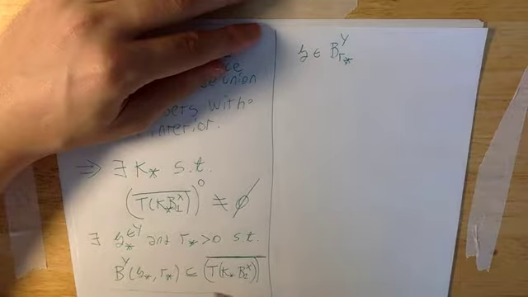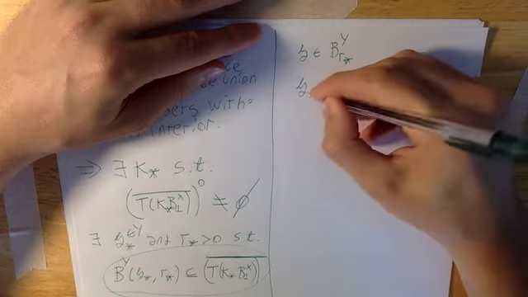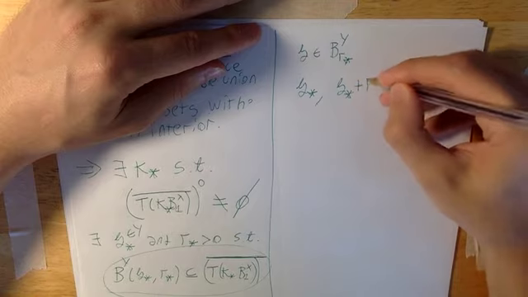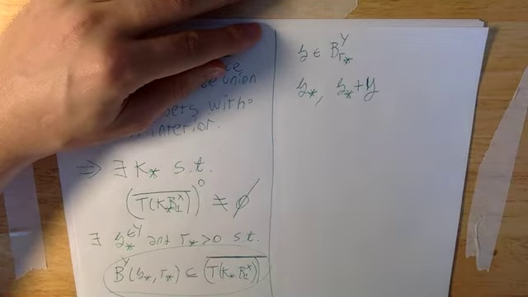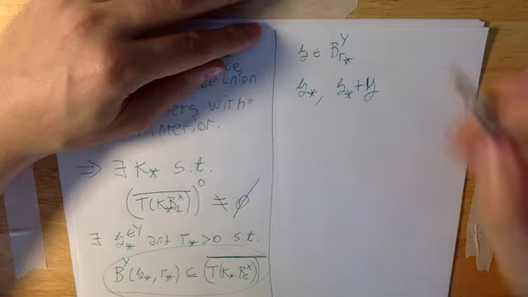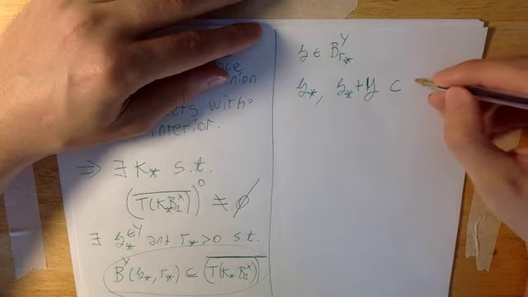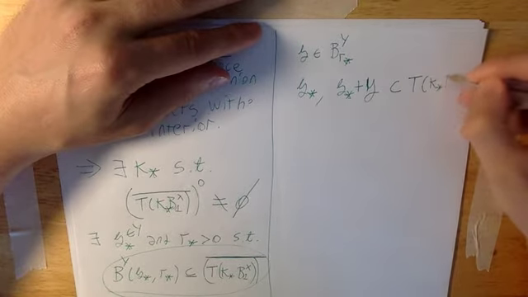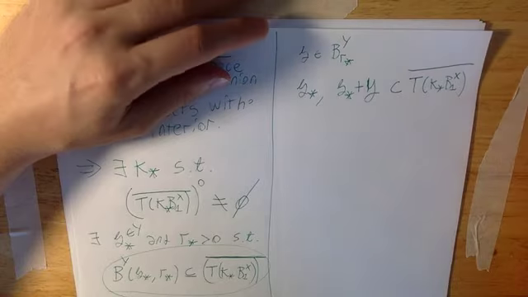This property here is telling me that y star plus y is contained in the closure of the image of k star times B1(X).